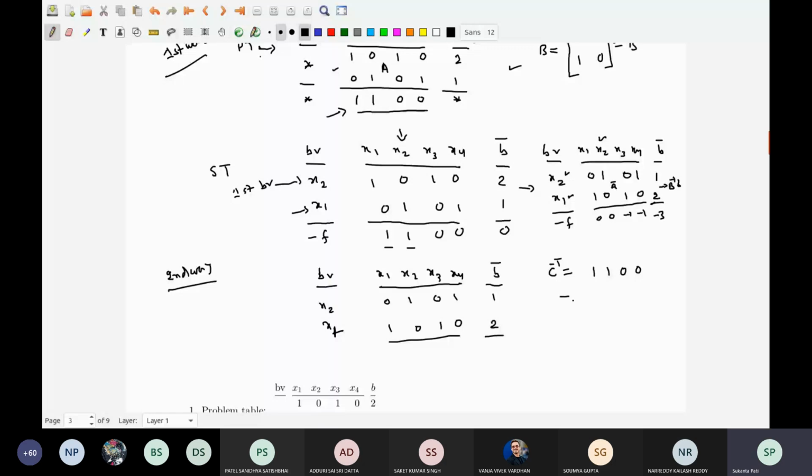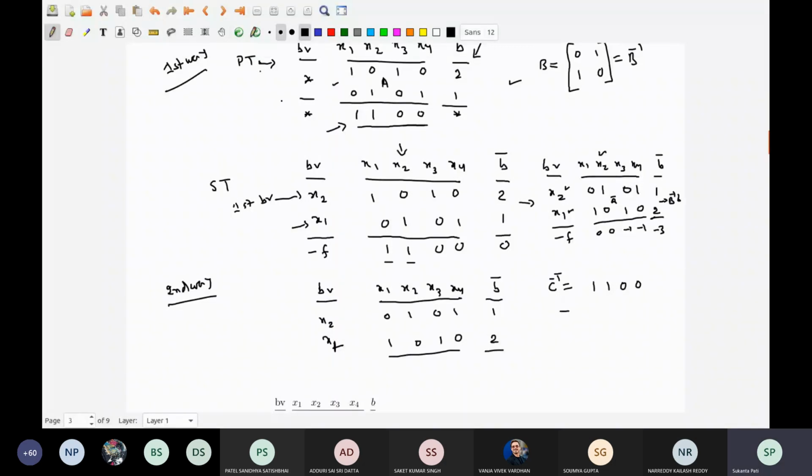Now what is CB? CB is the part of C corresponding to the basis. So the part of C corresponding to the basis is 1 1 only. This is CB.